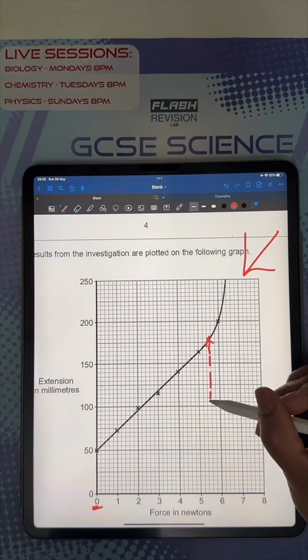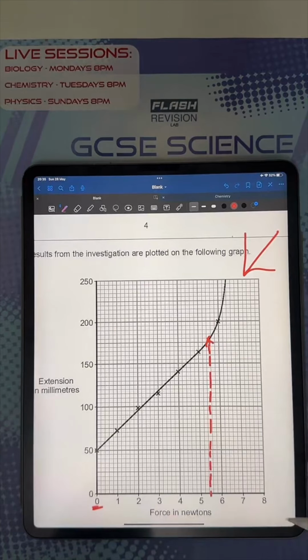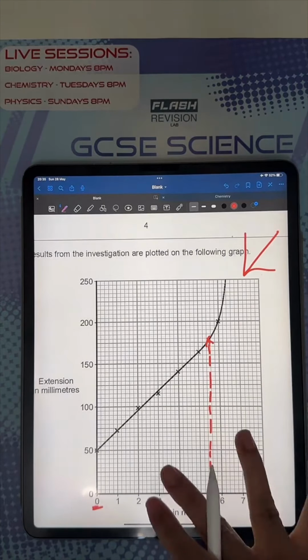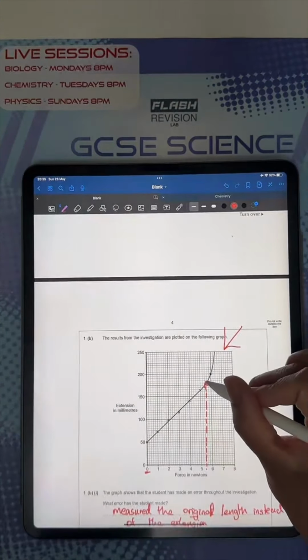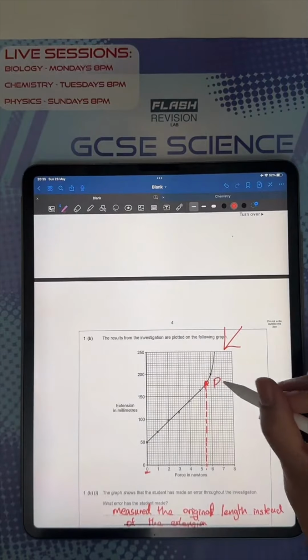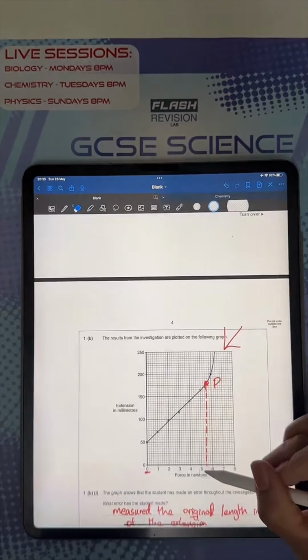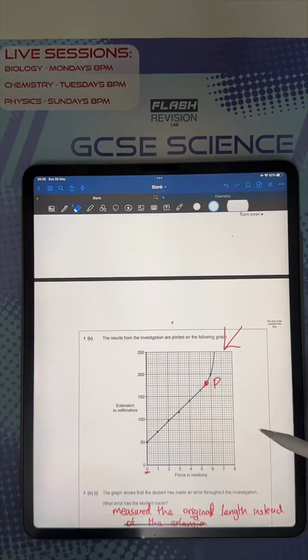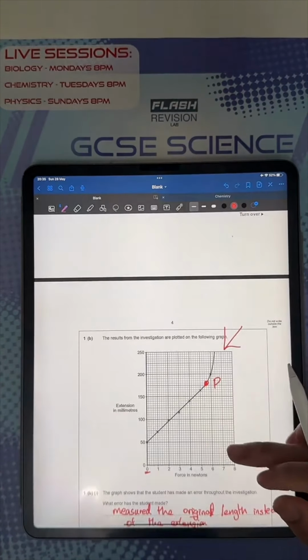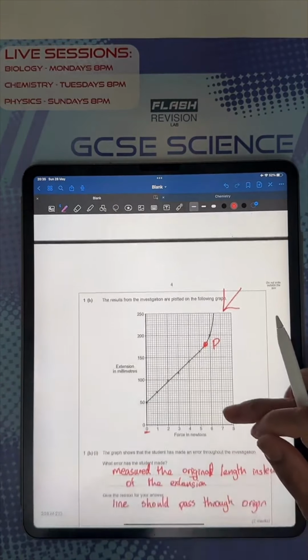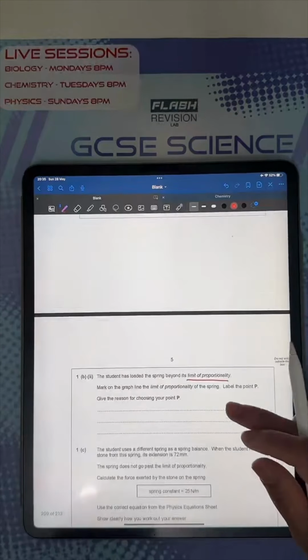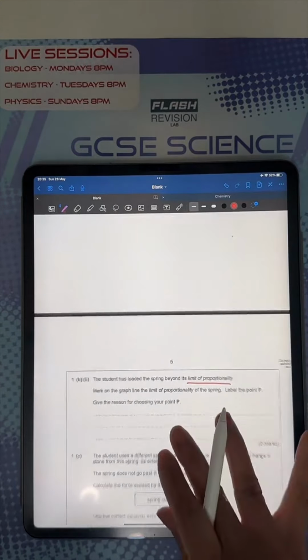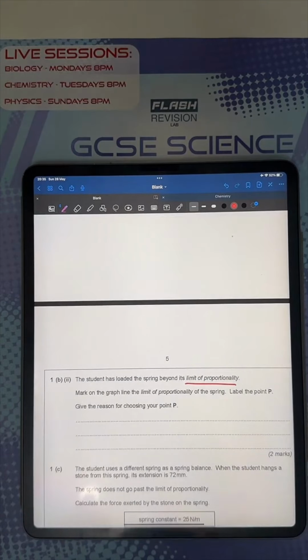And then read it. Here, so it's around 5.5. So we would mark this as P, that point as P. In the question it asked to mark it at P, you don't need to do this. So that would be the answer. So yeah, it doesn't follow Hooke's law, you can say that as well. So give a reason.